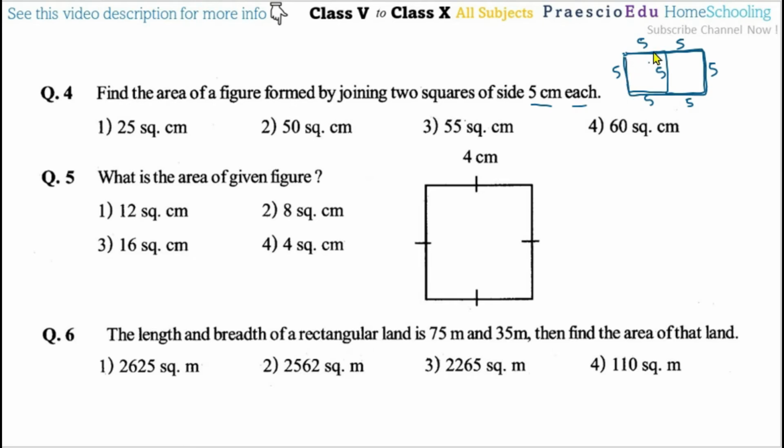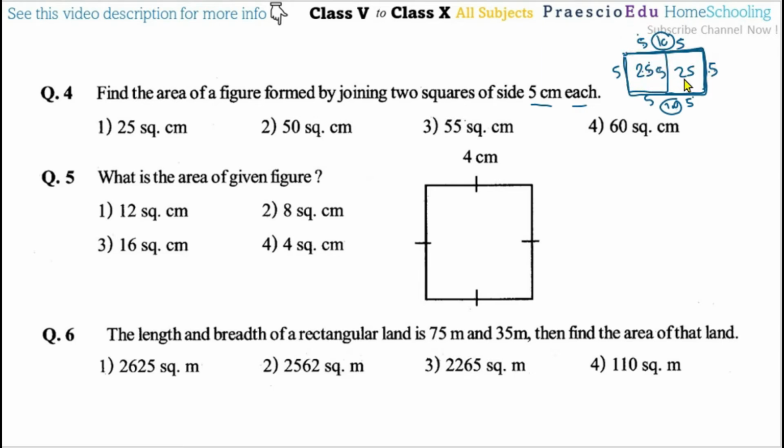Okay, so now we know this is 5 and this is 5, so 5 plus 5 will become 10. Okay, so addition of the same means this is also 10. Okay, and the other side, this one is 5. Now after joining this completely, we can say this is a rectangle, so 10 multiplied by 5 we can do, or we can say 5 multiplied by 5 is 25 for this area and 25 for this area.